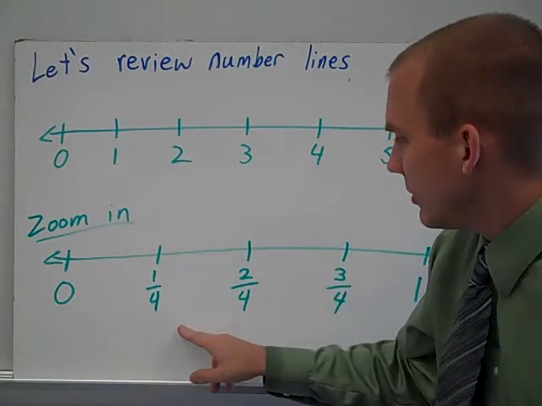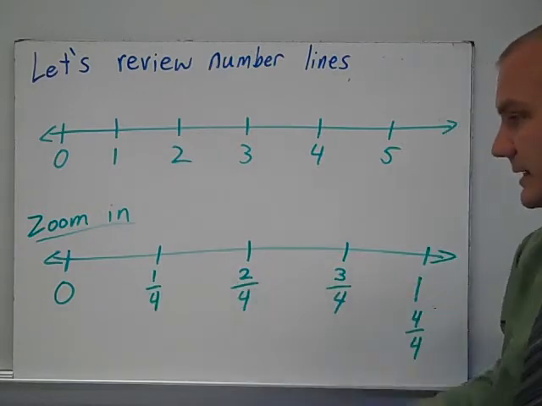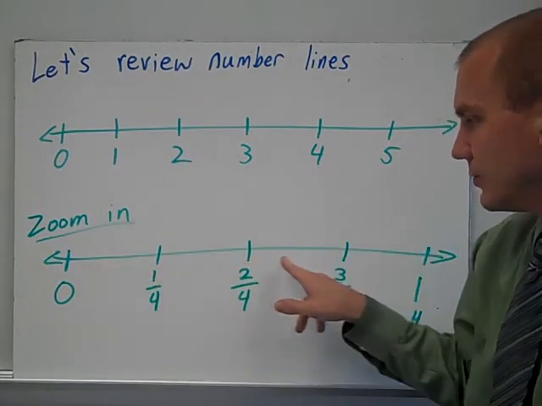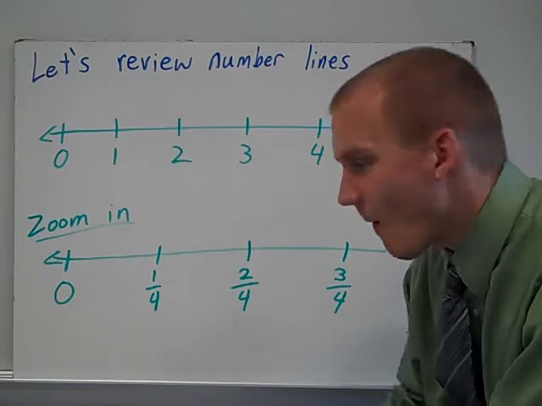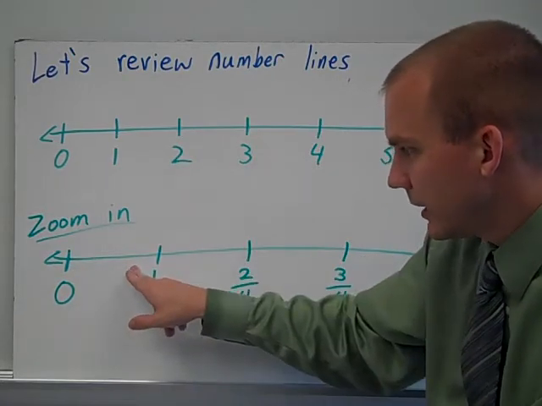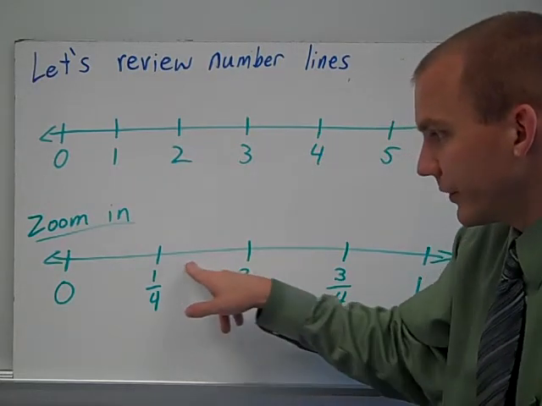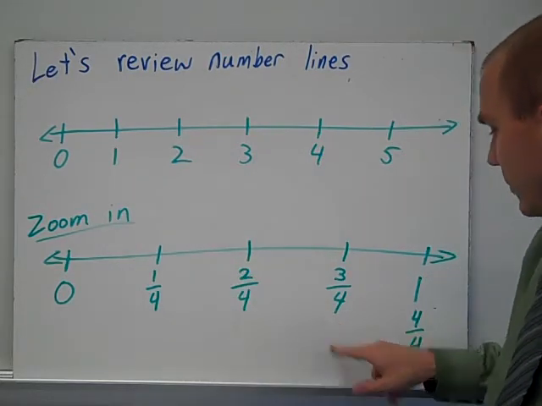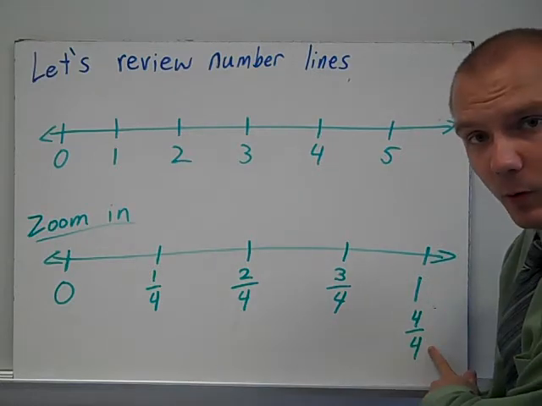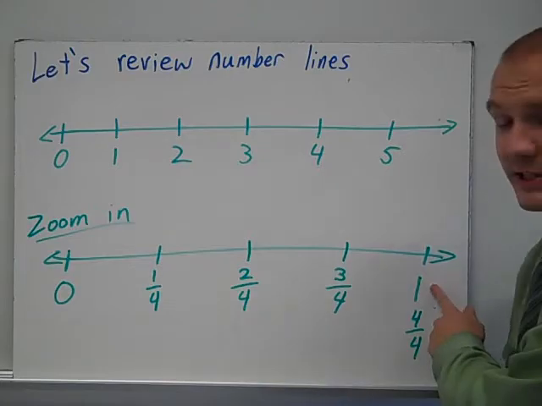And between 0 and 1, if you split it into equal sections, in this case we have 1, 2, 3, 4 equal sections, well, the first mark represents 1/4. And if you go another mark, you've gone 2/4 total, but 1/4 from your last one. And then 3/4, and finally at 1, you'd have 4/4. So 1/4, 2/4, 3/4, 4/4.